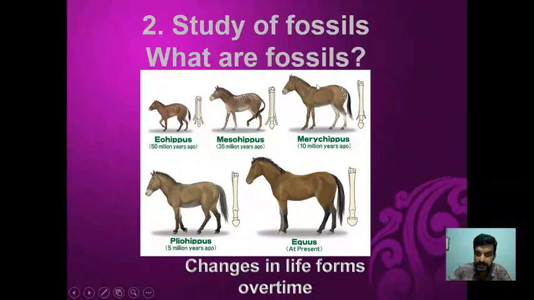Then Merychippus, you can see here, the toes and all have changed. Then Pliohippus, 5 million years ago, you can see the structure of the limbs, particularly the forelimbs. Then Equus, the modern horse, we find this structure. So gradually the digits have been reduced to form these toes. Okay, you can find that.